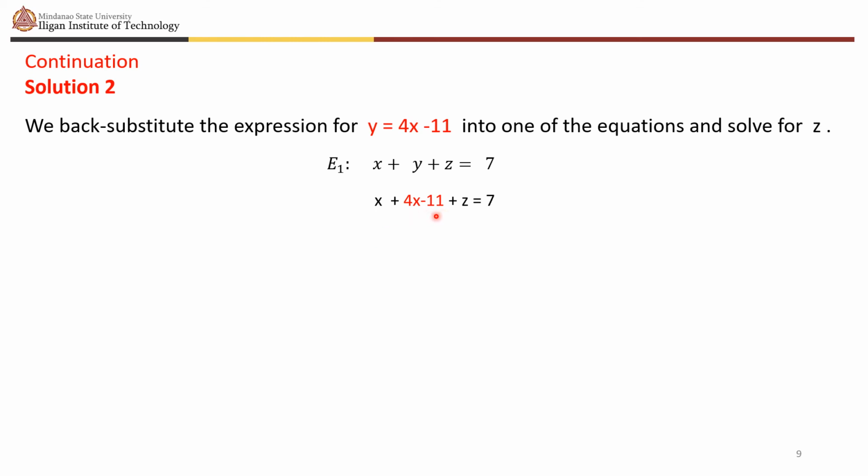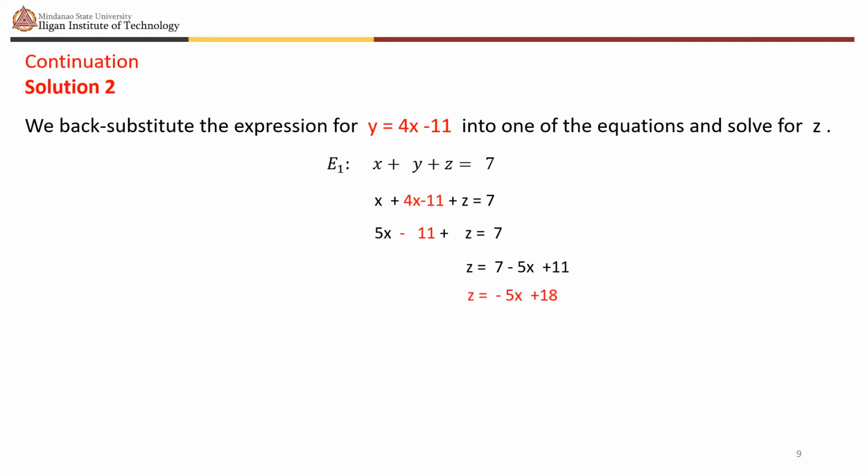We have minus 11 here, and then plus z is equal to 7. So simplifying further, we have 5x minus 11 plus z is equal to 7. And that would be z is now equal to 7 minus 5x plus 11. But that will give us z equals negative 5x plus 18.